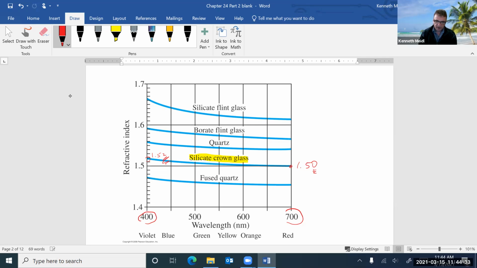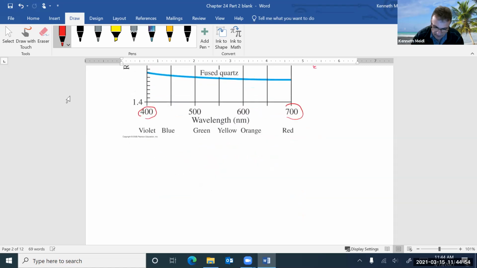There are slightly different indices for the different colors. Violet has a slightly bigger index, so it has a different angle than the red light does. So that's kind of interesting. Anybody that takes this course should have an understanding of how rainbows are created. And so, well, there you got it.